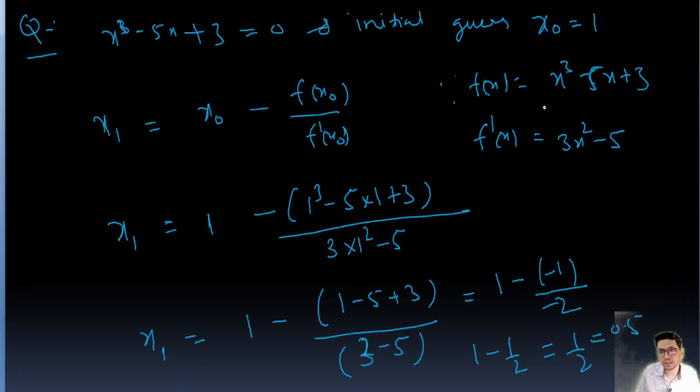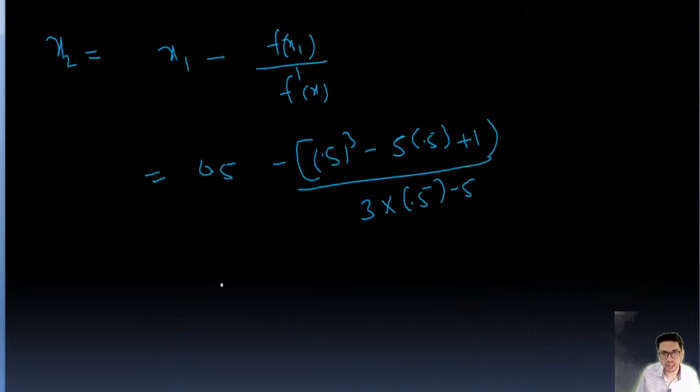Because these are the values of f and f dash, and we'll put this at x equal to x1. X1 value is 0.5. We'll put the value and we'll solve it. This is going to be 0.5 plus 0.625 upon 4.25.